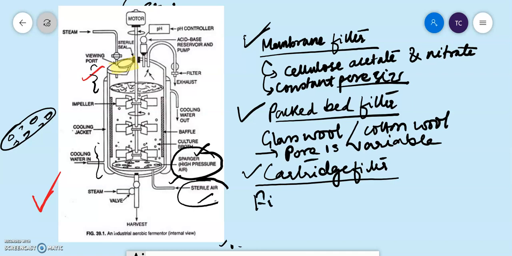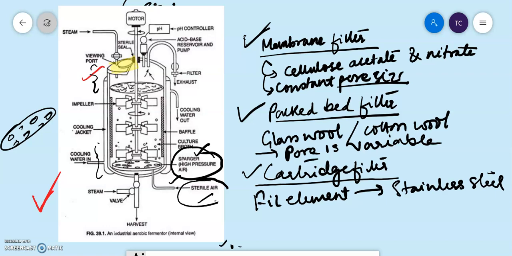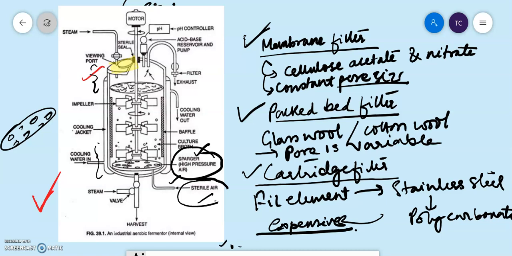So you have the filter element, and that is present in your stainless steel and your polycarbonate cartridge. They are more reliable and durable, but are a bit expensive. So they are durable but a bit expensive. So these are the basic aspects of your filters.